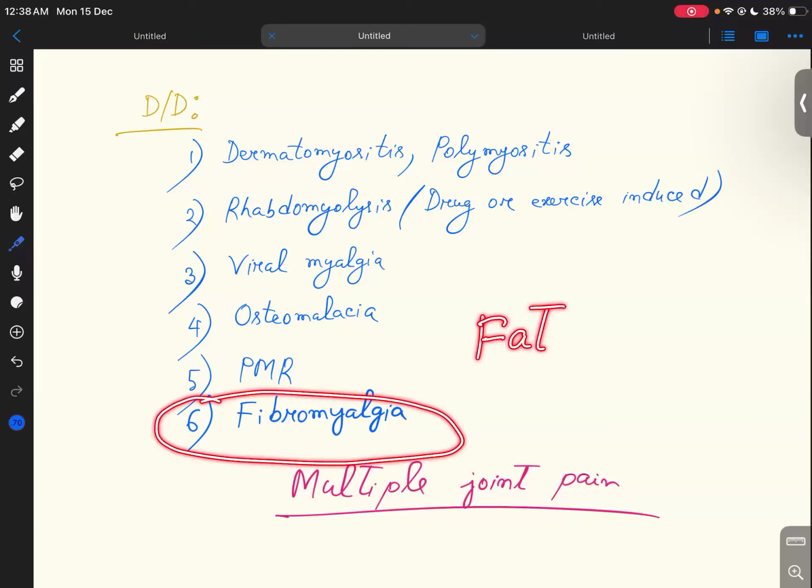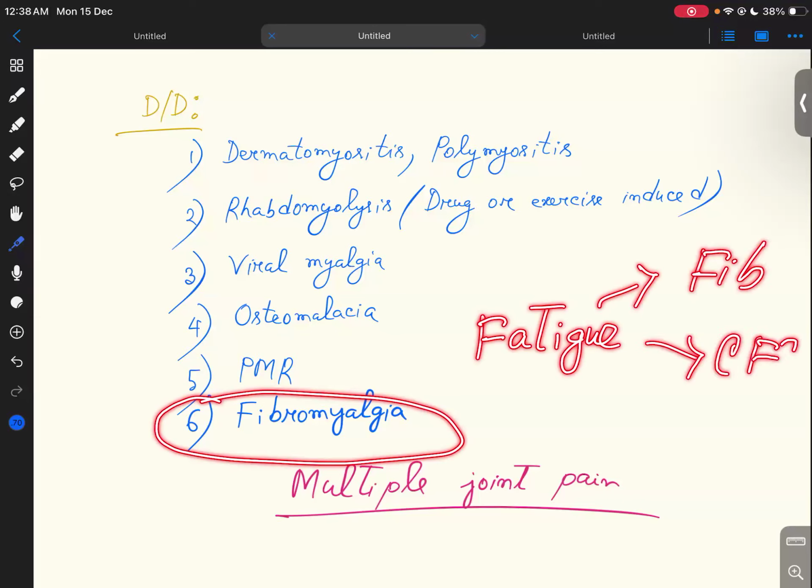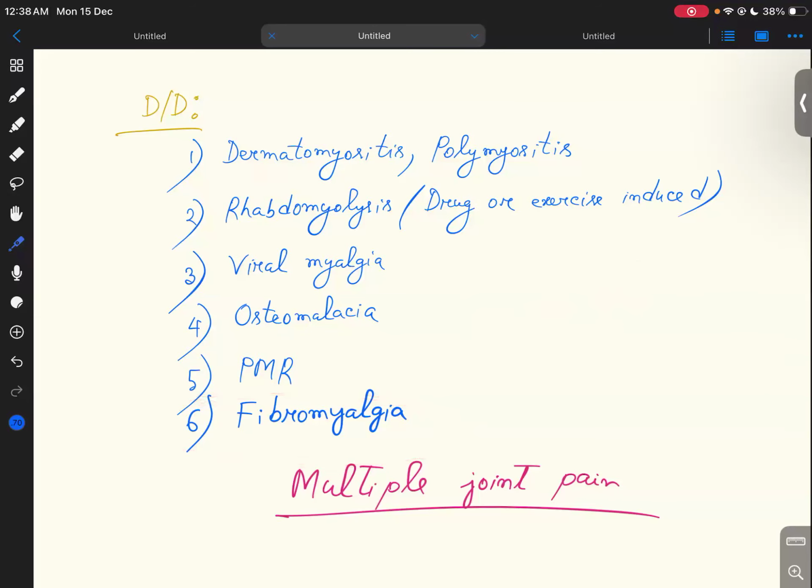The approach to fatigue will be discussed later on. The differential diagnosis was fibromyalgia and chronic fatigue syndrome. How to rule it out will be discussed as the situation arises. So thank you, Dr. Raisa, for correcting me. I just forgot to mention this differential diagnosis, and it should be there.